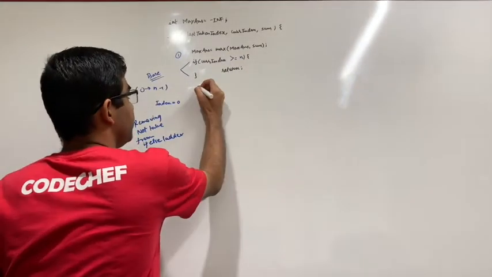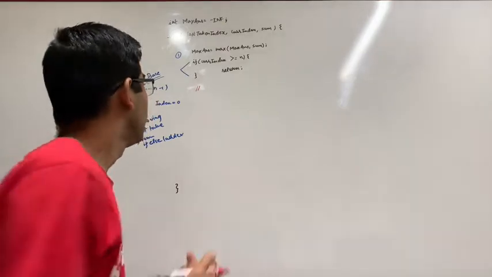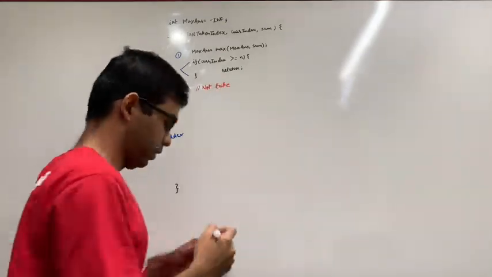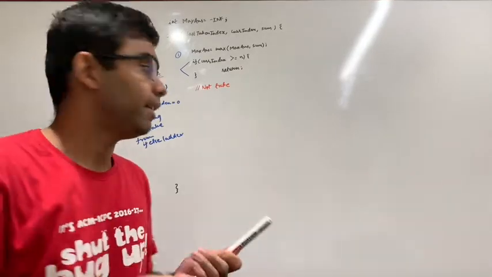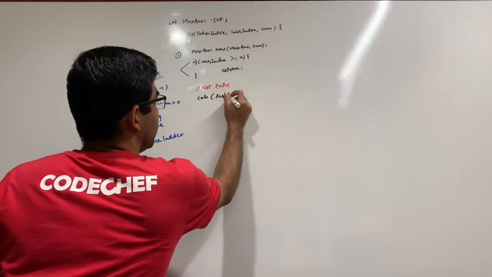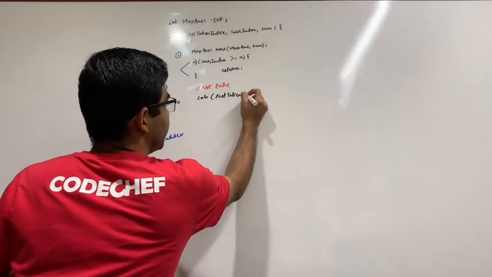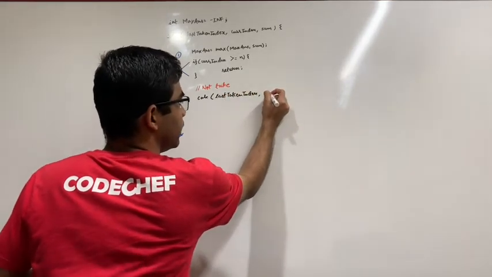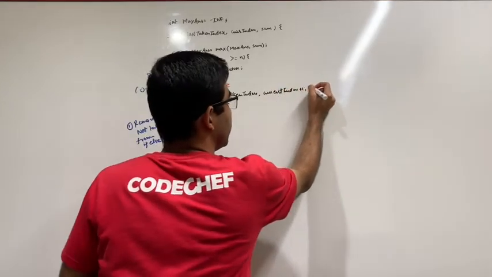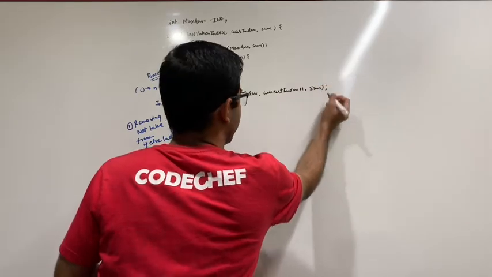So my first condition was not to take any element. So what I can write is simply pass the last taken index as it is, increment my current index by 1, and I'll pass my sum as it is.